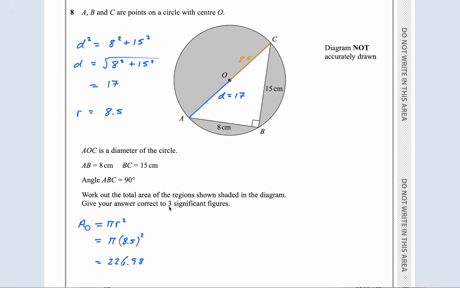He wants it to 3 significant figures, guys, which means I'll round it to more than 3 significant figures when I'm doing the working.